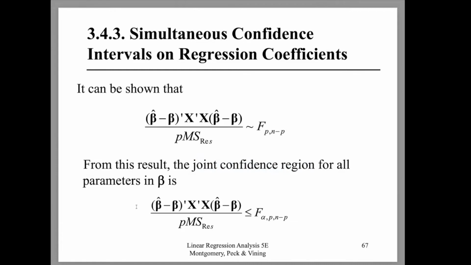And if we have 2 explanatory variables, then the boundary of this set would be an ellipsoid, so it would look like a football. Once we get beyond 2 explanatory variables, we really can't plot this, at least not for all of the dimensions that are there. But we can use this to query whether a particular parameter point is in that confidence region.